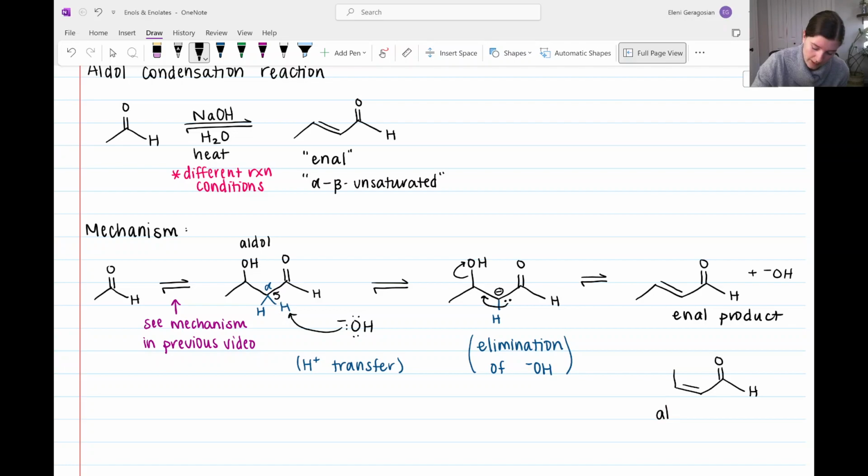This is also possible, but it's produced in small amounts, so this would be a minor product. And that's because trans alkenes are more thermodynamically stable than the cis alkenes. So the trans double bond forms in a higher concentration than the cis.